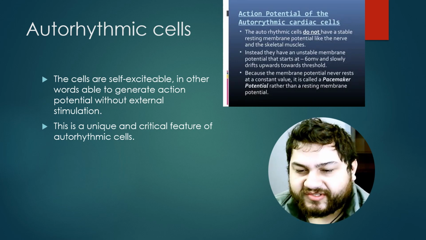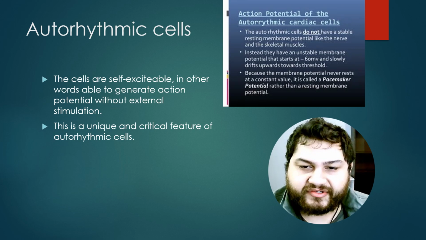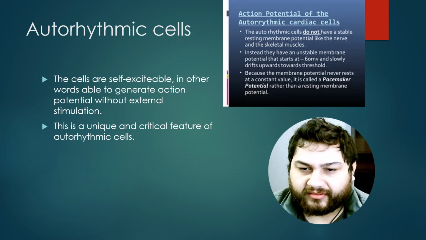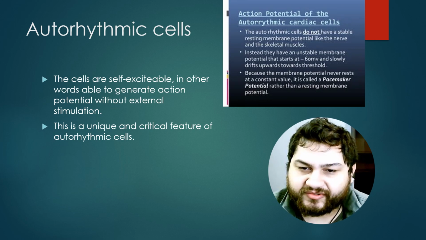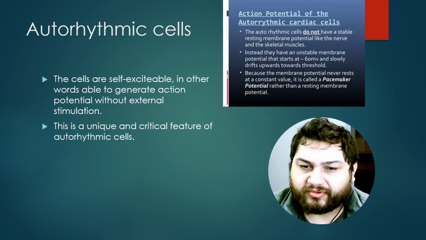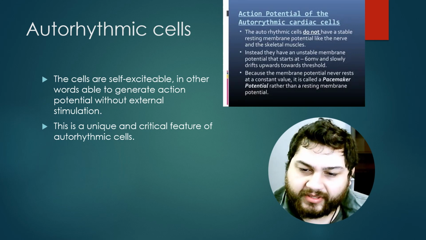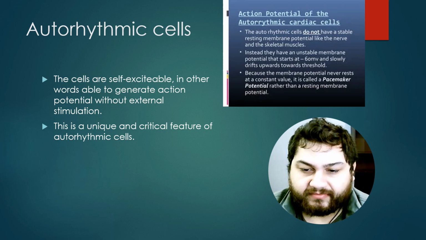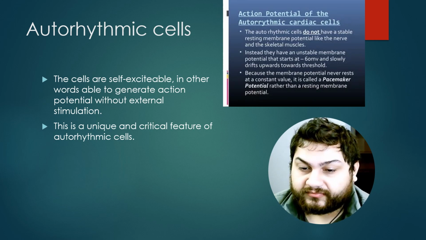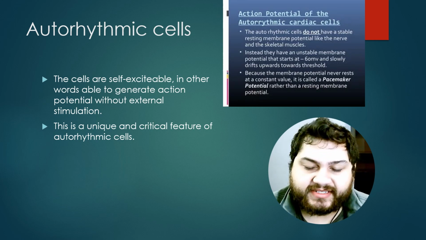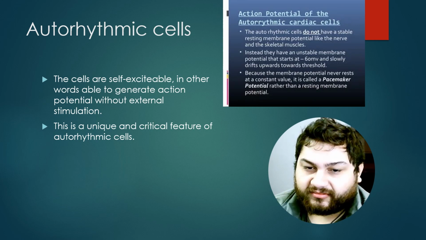Now, for the action potential of autorhythmic cells, they're not like nervous and skeletal muscle cells. They do not have a stable resting membrane potential, as in they don't have a flat line that they are constantly resting at, like those other cell types. Instead, what they have is a volatile, unstable membrane potential.